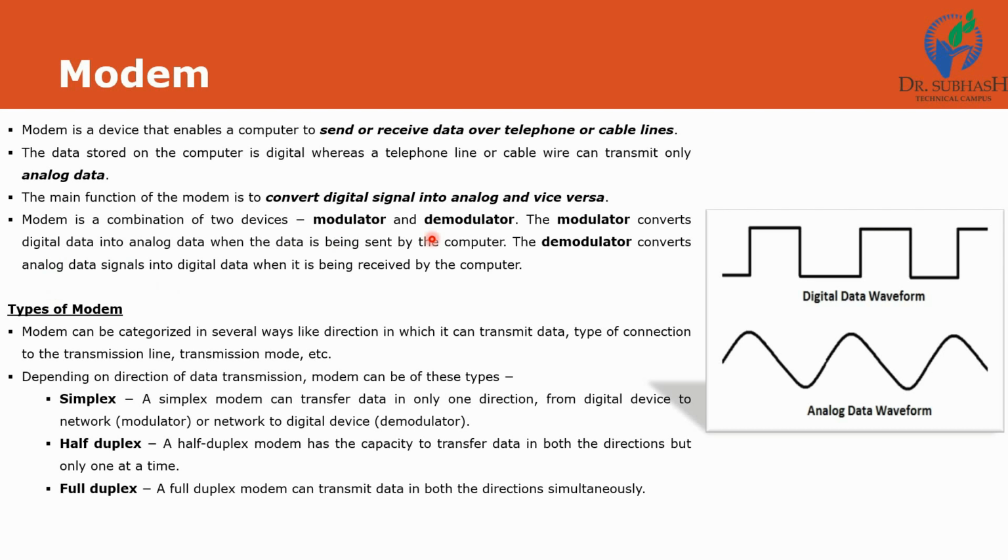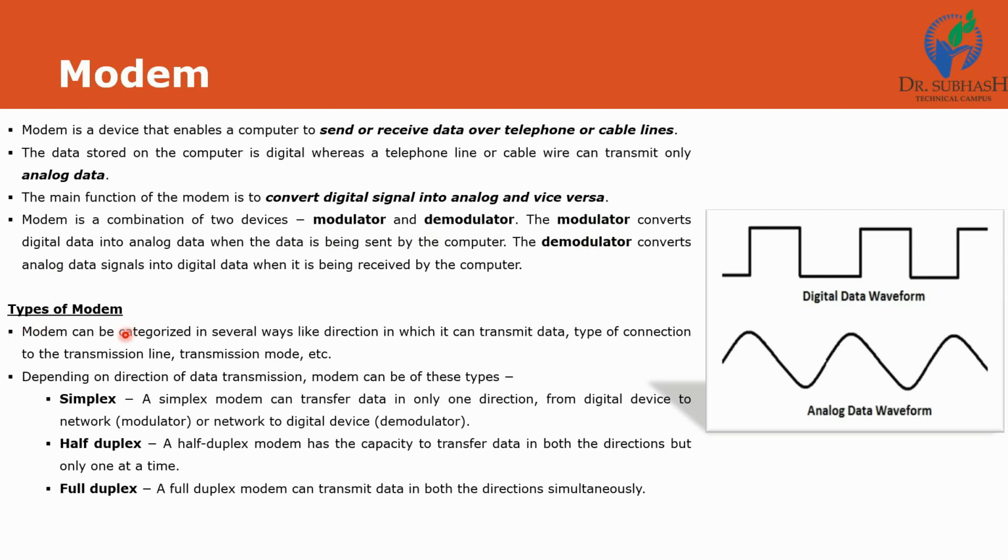So we have to convert digital data into analog signal, so we use the modulator. And vice versa, from telephone line to computer, the telephone line uses analog data and the computer uses digital data, so we have to convert analog to digital, then we use the demodulator. Is it clear? Okay, good.